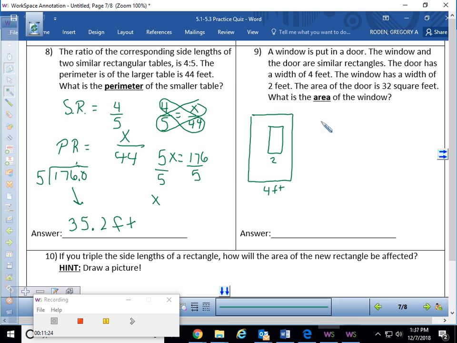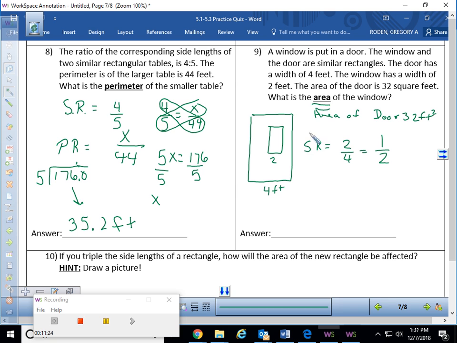Okay. So first of all, let me see here. It tells us the area of the door. The area of the door is 32 square feet. All right, so let's see here. Well, first of all, let's find SR. Well, SR is equal to 2/4, which reduces to 1/2. But it's talking about AR.